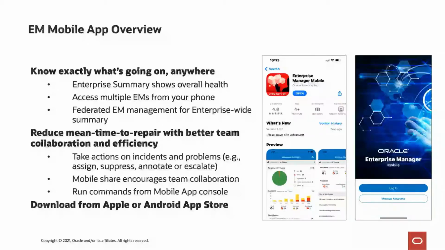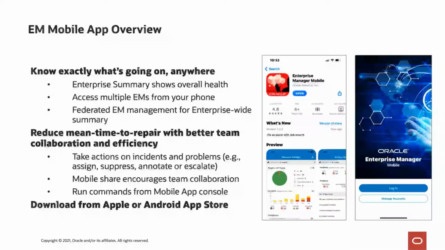But the key purpose of the mobile app, where we are focusing for our customers, is to give you triage and collaboration capability when you're trying to solve any specific incidents, right? As problems or incidents occur in your environment, it could be performance related, availability related, or any specific change related.